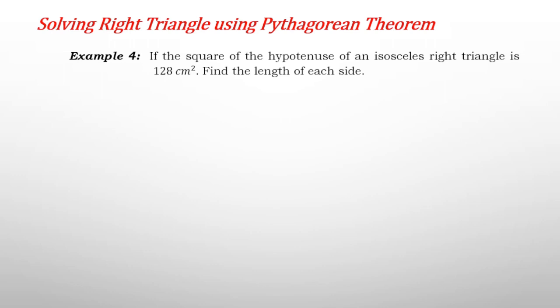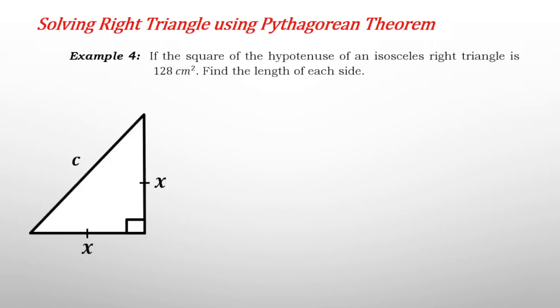If the square of the hypotenuse of an isosceles right triangle is 128 square centimeters, find the length of each side. As we are going to illustrate now the right triangle in the problem, when we say isosceles triangle, the two legs of the right triangle are equal.